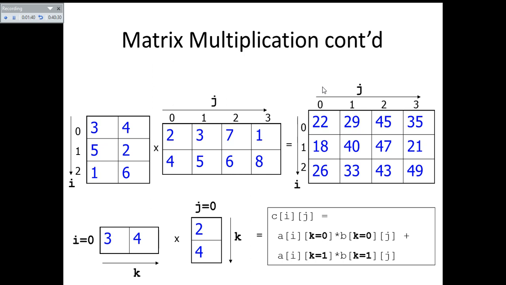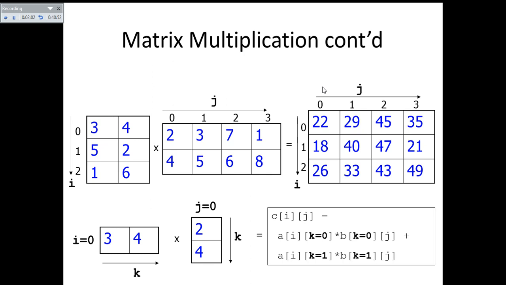That is how you got 22, which is also shown here. You have to multiply the first row of your first matrix with the first column of your second matrix, which is shown separately, where you can see 3 comma 4 is the first row, and you have 2 comma 4 as the first column of your second matrix.